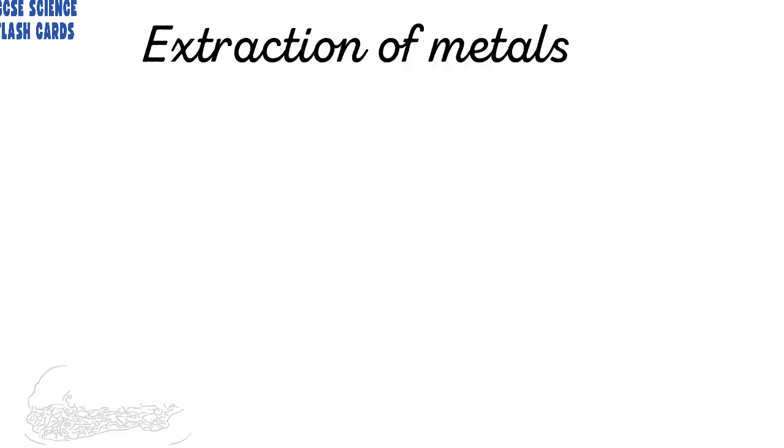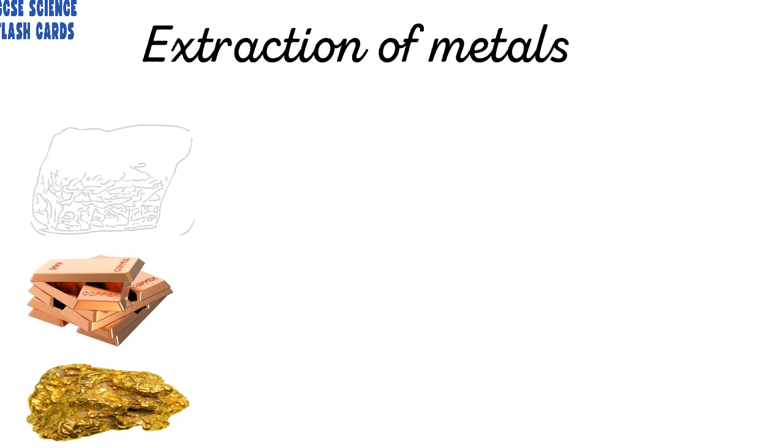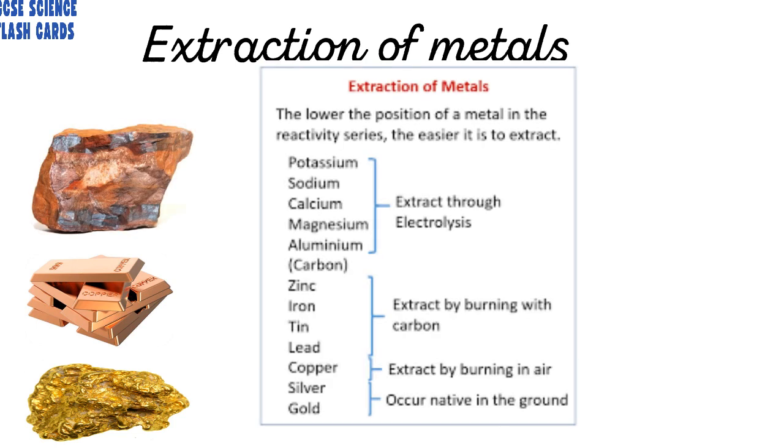Another place that we use the reactivity series is in the extraction of metals. Those metals found above carbon, we extract from their ores using electrolysis. So for example, if the question asks how do we extract aluminium from its ore, aluminium oxide, we would use electrolysis.